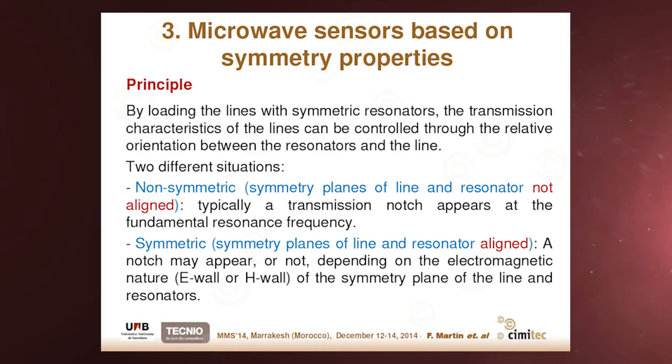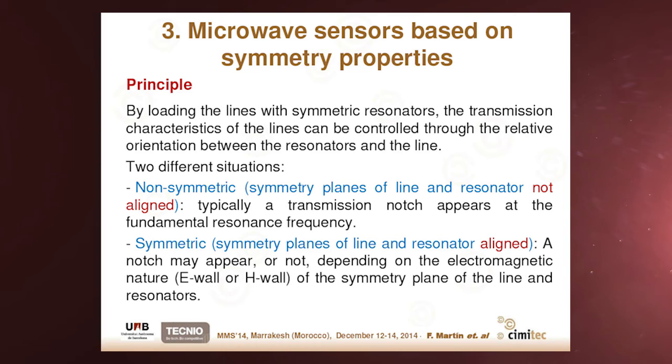Okay, what's the principle of this sensing approach? This is the important point. Well, the idea is that by loading the lines with symmetric resonators, the transmission characteristics of the lines can be controlled through the relative orientation between the resonators and the line. That's the key point. So we can distinguish among two different situations.